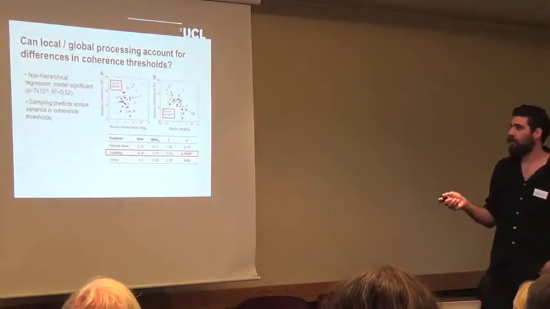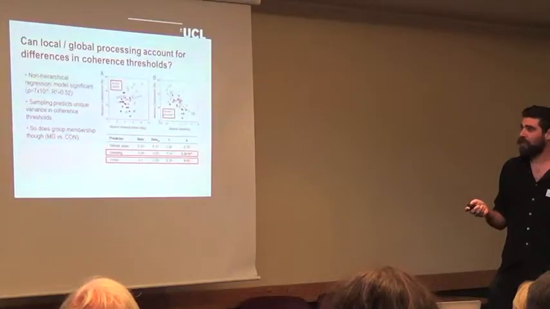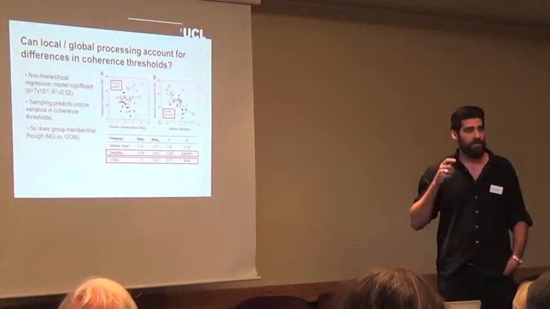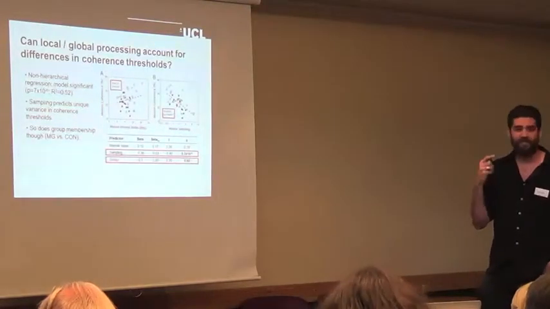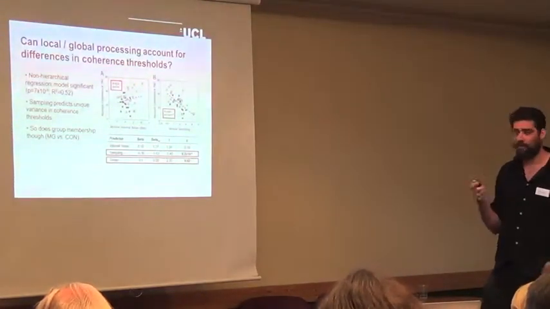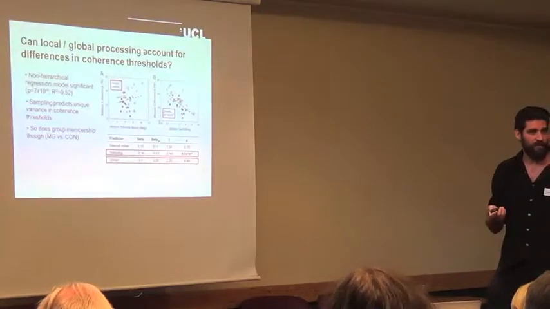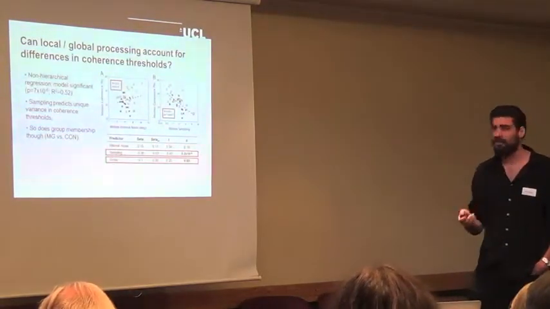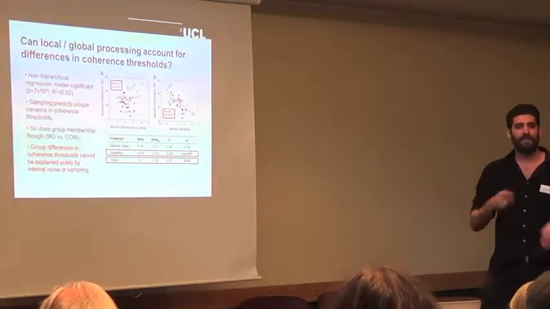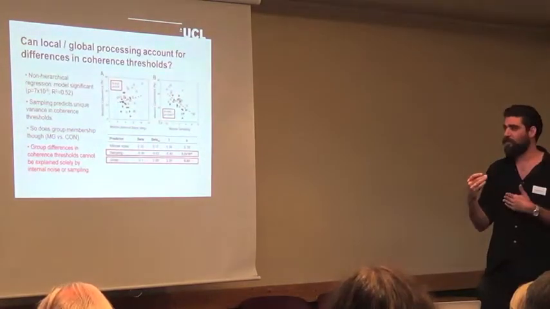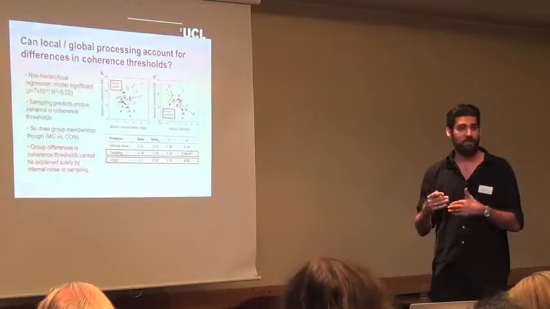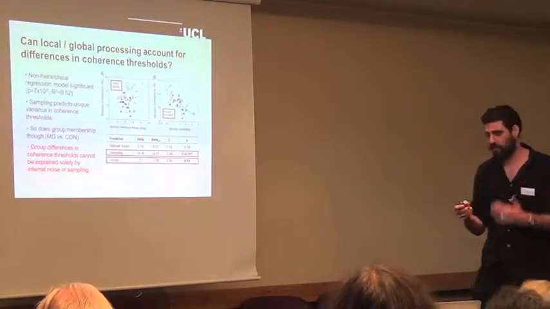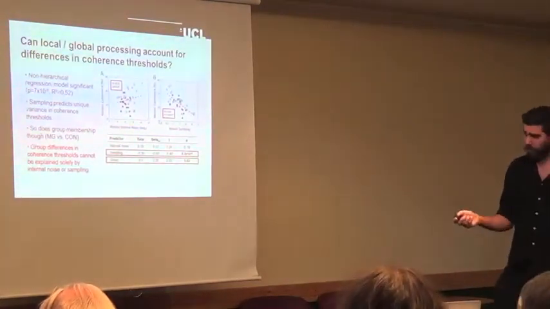But significantly, group membership, over and above what is explained by variance in sampling and internal noise, is still predicting a significant proportion of variance in coherence thresholds. Does that make sense? So what that's implying is the difference between the migraine and the control group cannot be captured by differences in internal noise and efficiency. There must be something else. It's not explaining it all.